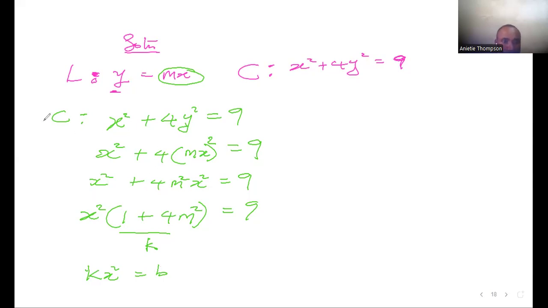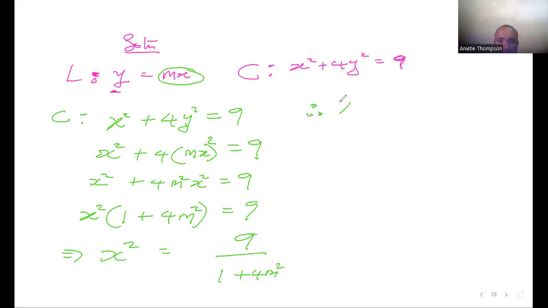If this is true, then it simply implies that x squared must be equal to 9 divided by 1 plus 4m squared, so that the value of x itself must be equal to plus or minus, because of the quadratic nature of the square, the square root of 9 all over 1 plus 4m squared.